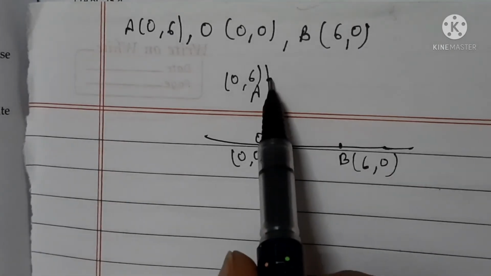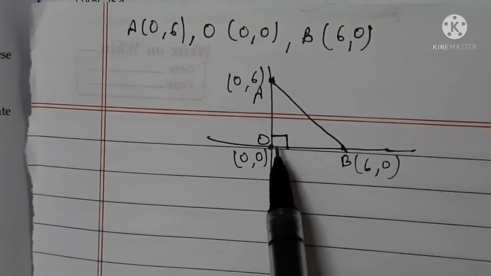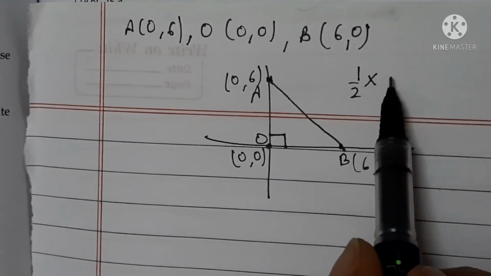So join these points and it forms a right angle triangle, and you know the area of a right angle triangle is equal to half base into height.